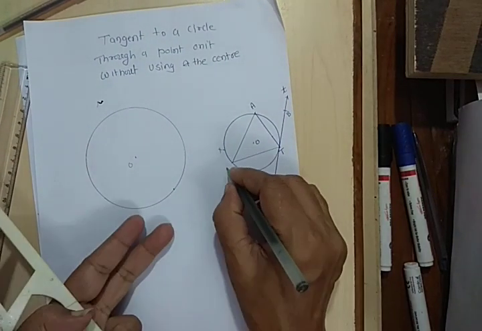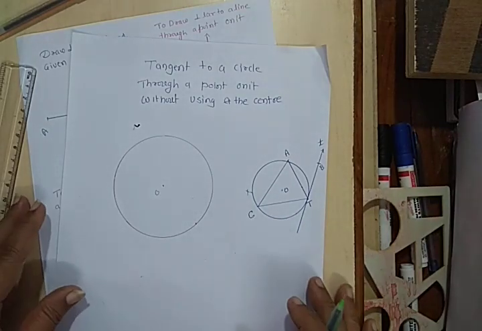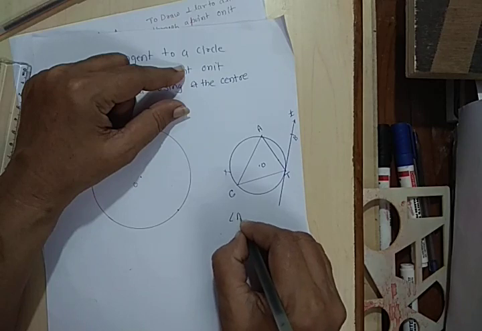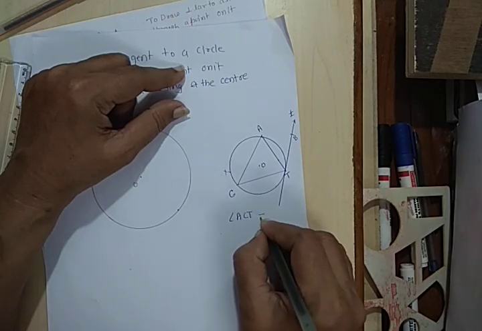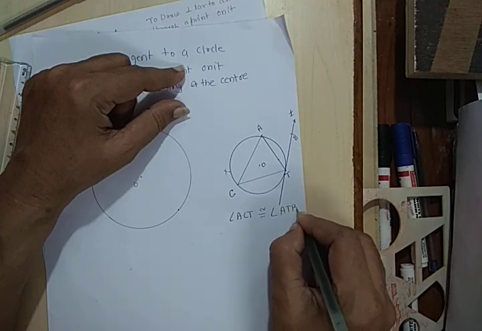Suppose this point is C, then angle ACT is congruent to angle ATB.